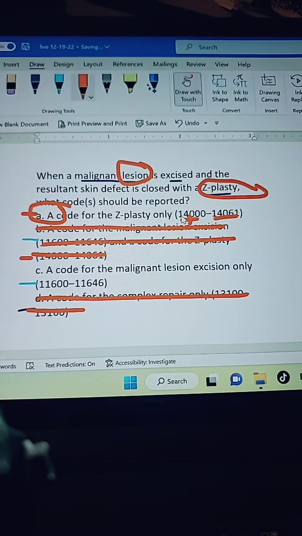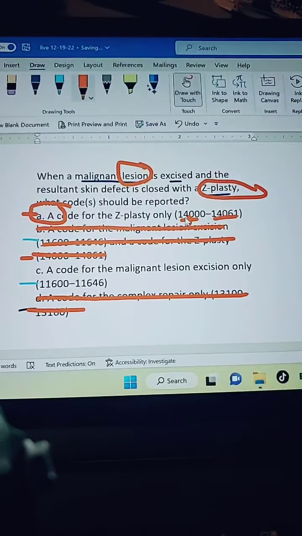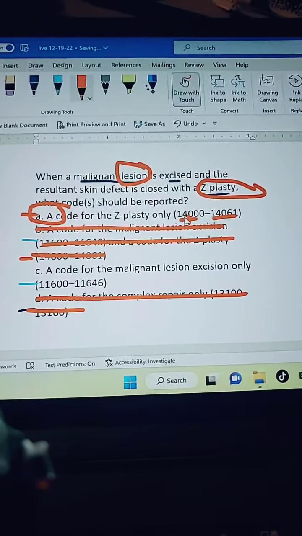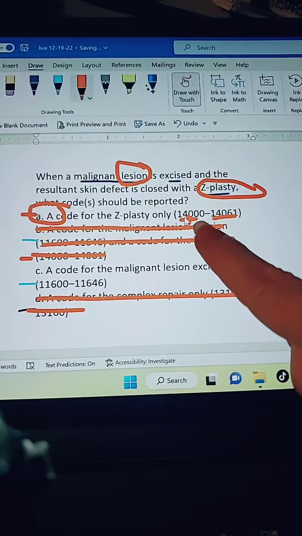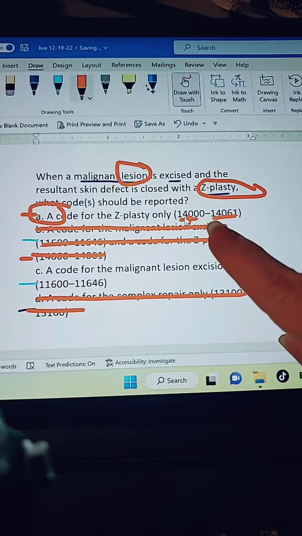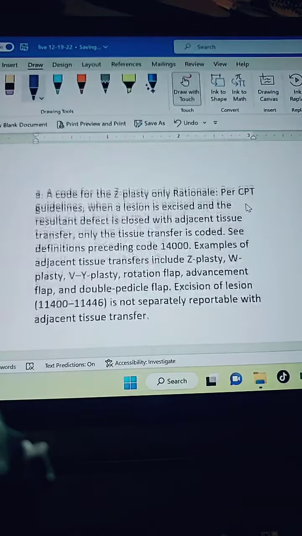If you ever code anything that is a 14, it does the excision, it does the graft, it does the flaps, it does everything, all in one code. Don't ever pick an answer that's going to have a 14 with anything else on the CPC exam, ever. I've never seen it happen in any of their practice exam questions or anything else. If you ever see a code start out with the 14, that code is by itself. It includes everything. Super handy to know.